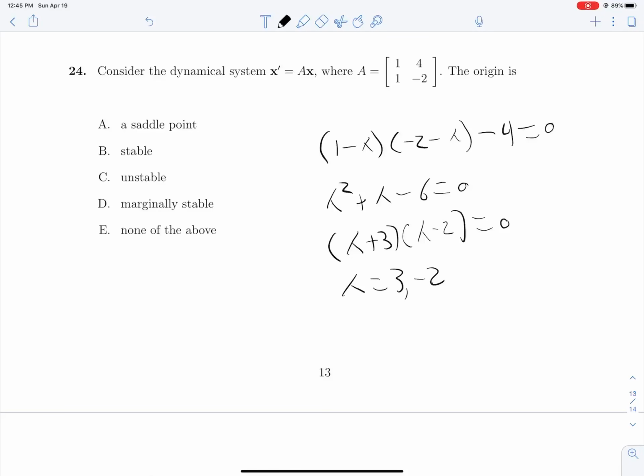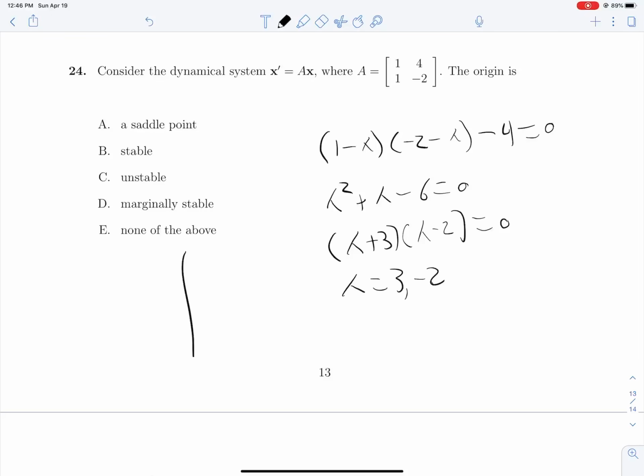And because we have one positive and one negative eigenvalue, that means that as t approaches infinity, our solutions will tend from following one of our eigenvalues, our negative valued eigenvalue, to our positive one. I'm actually not sure. That might be the other way around. But either way, we'll get kind of this.